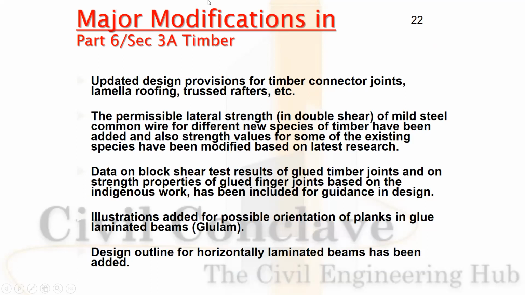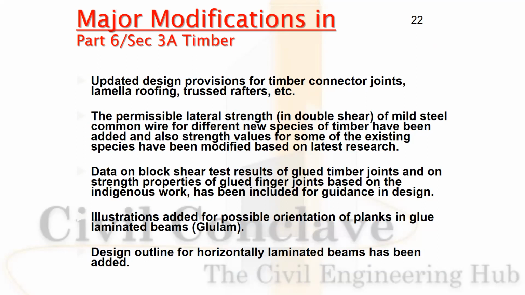Timber: updated design provisions for timber connector joints, trussed rafters, etc. have been used. The permissible lateral load in a mild steel common wire nail for new species of timber has been added, and also strength values for some of the existing species have been modified.